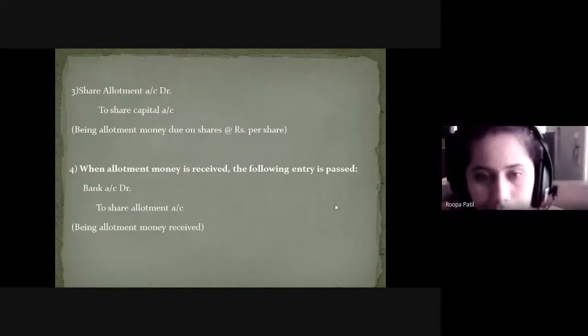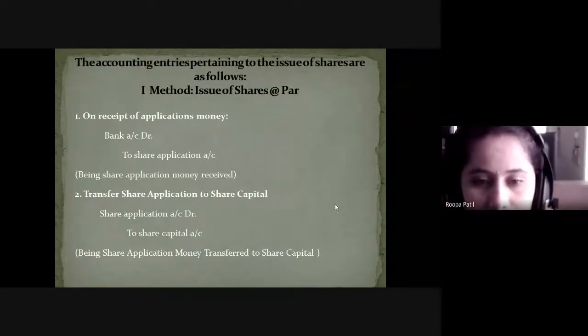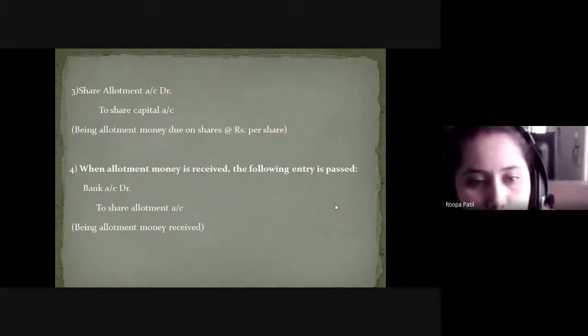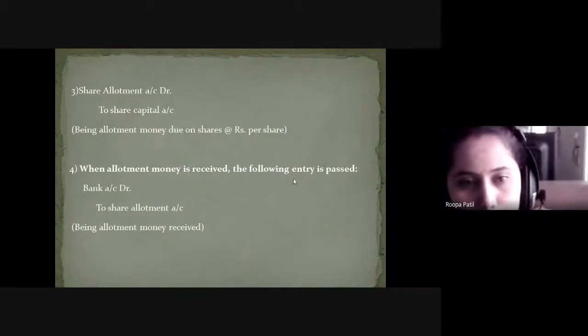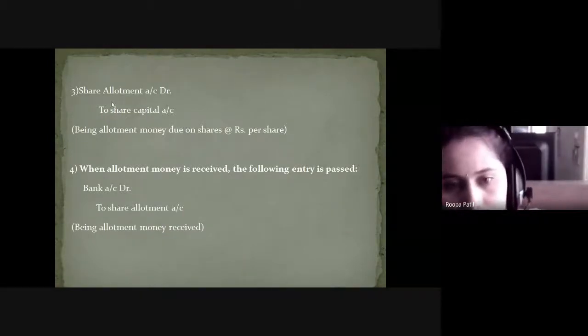Second, allotment of shares. After receiving the application money, the company allots the shares to each individual shareholder. So what is the journal entry?